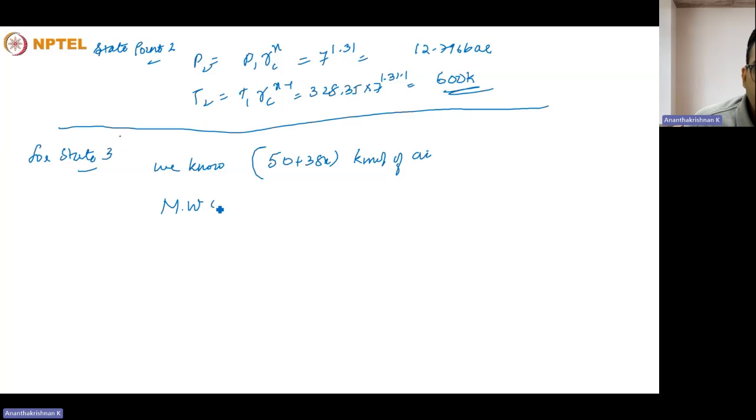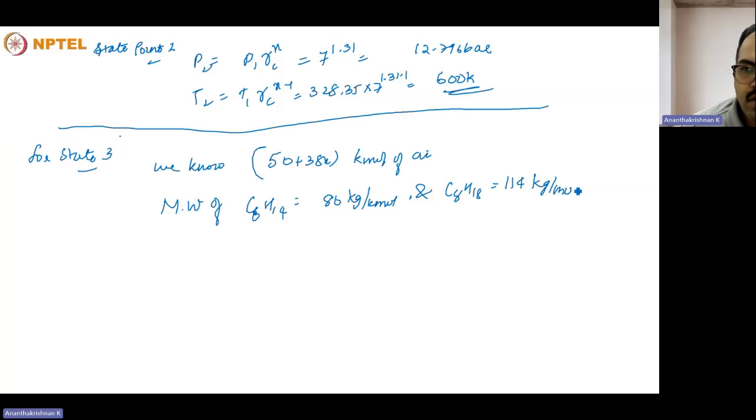Then the molecular weight of C6H14 hexane is 86 kg per kilomole, and C8H18 isooctane is 114 kg per kilomole.